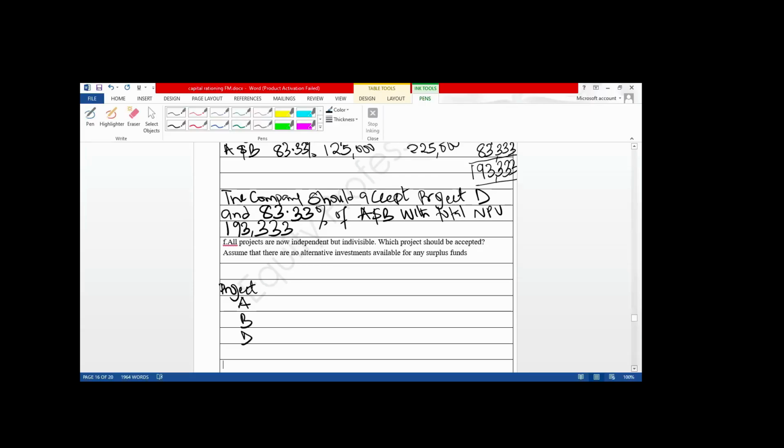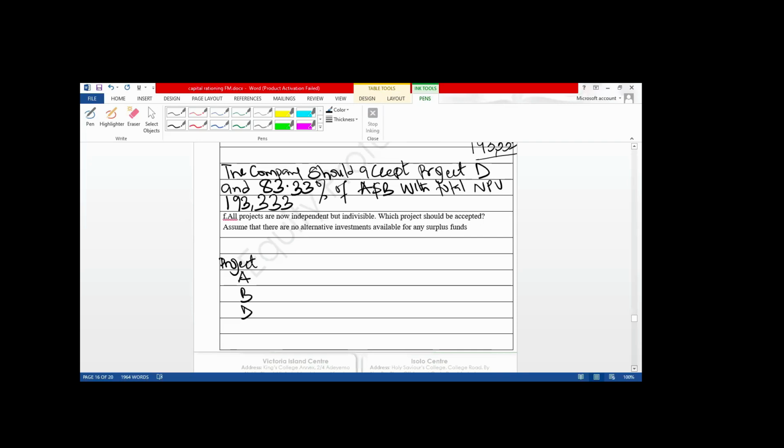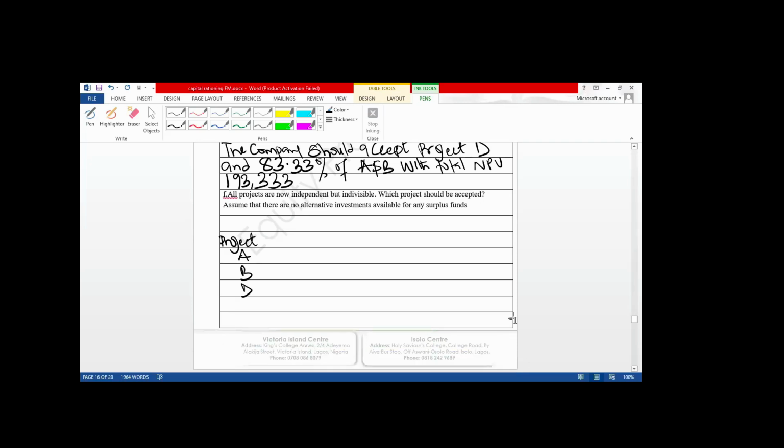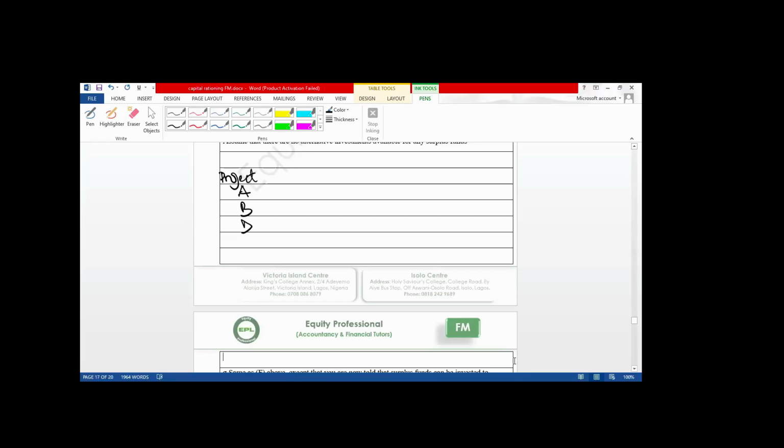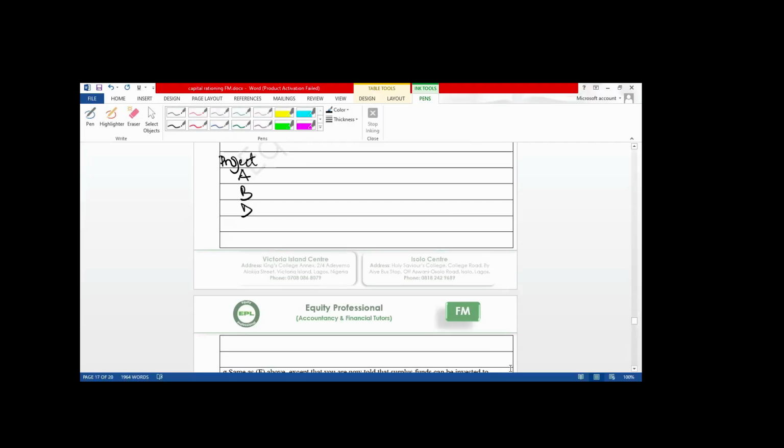We are trying to create space. We are going to need it.